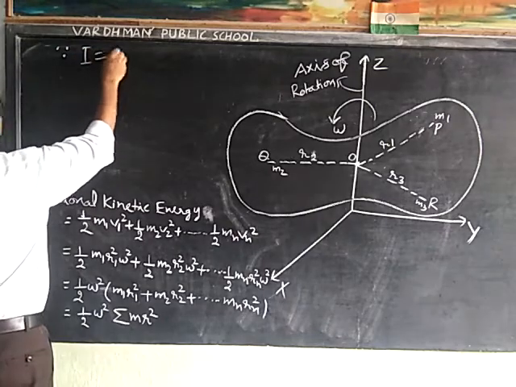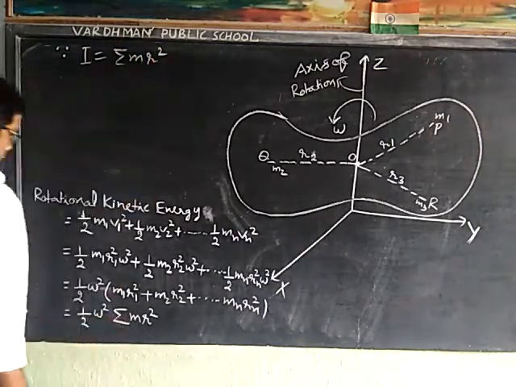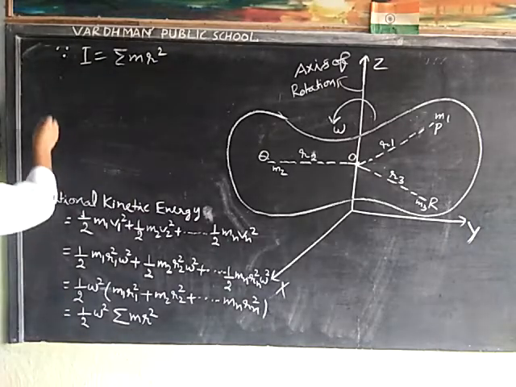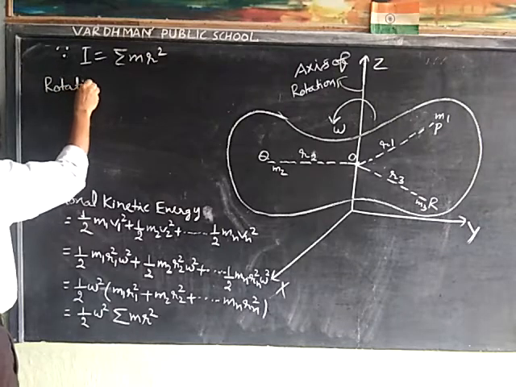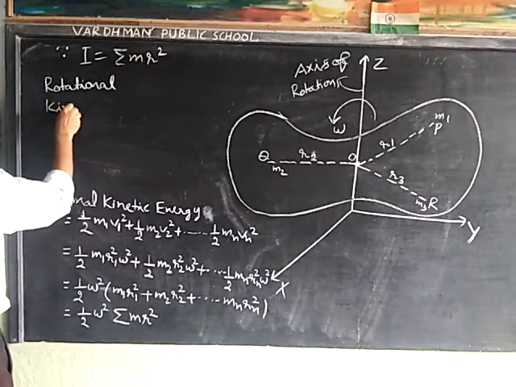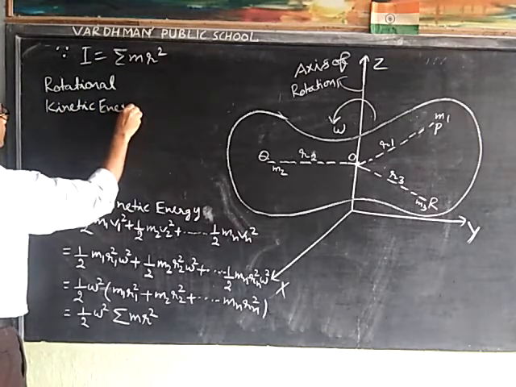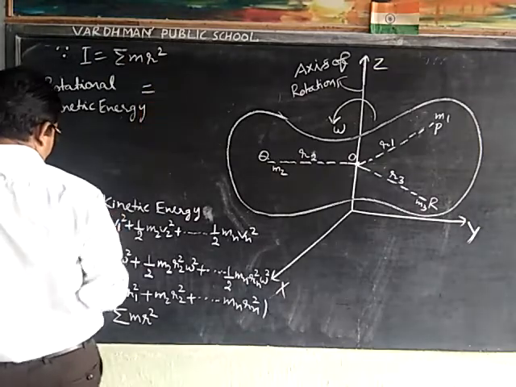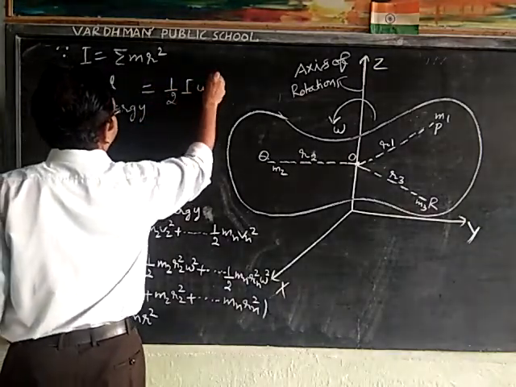Since I is equal to sigma mr square, therefore rotational kinetic energy is equal to half I omega square.